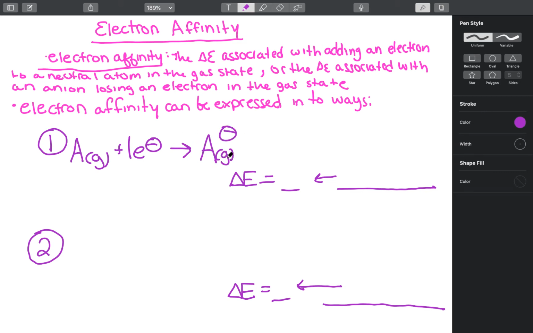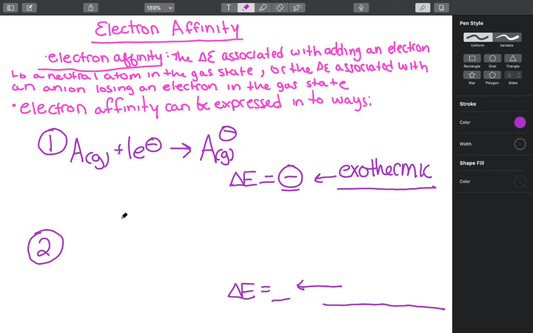And this is the first way that you can express electron affinity. Now, the change in energy associated with this process is generally going to be negative. And that's because we are forming a new interaction between an electron and a nucleus, which causes a release of energy. So therefore, the first process is exothermic.